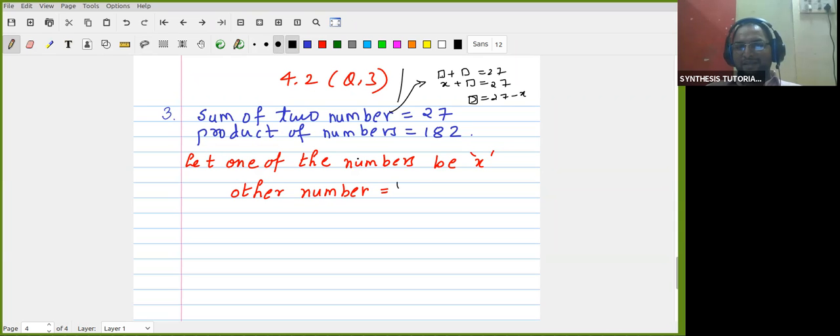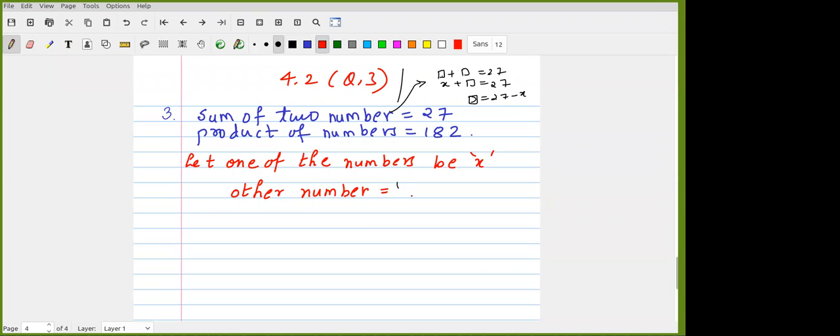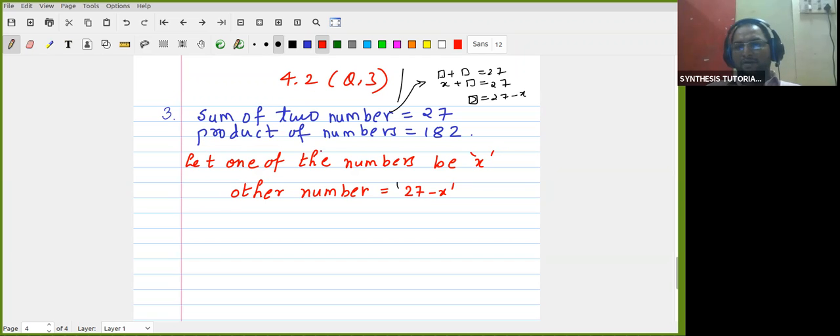Now what is the next condition they have given us? Product of numbers is 182. So now can I say x into 27 minus x is 182?